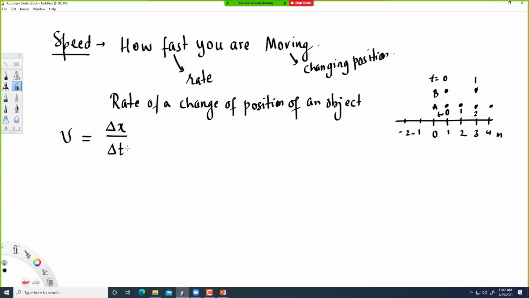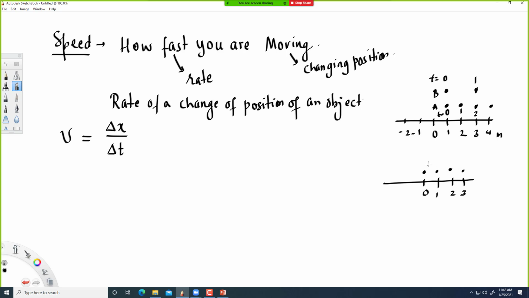Now we talked about two types of motion. One is uniform motion, and the other one is non-uniform motion. In uniform motion, in each second the distance traveled is the same, right?